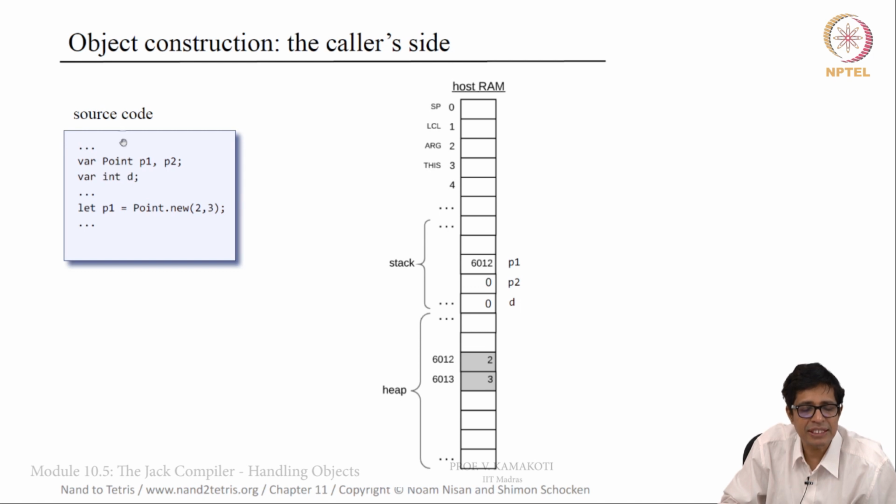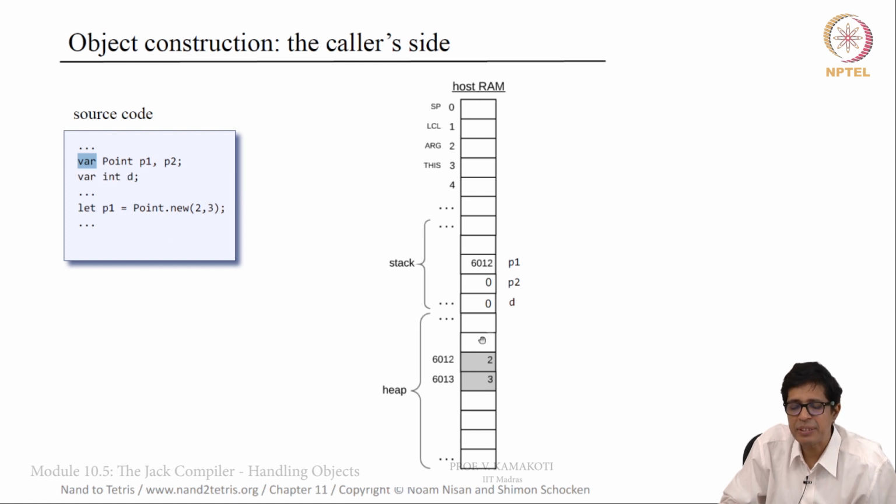When this function starts executing, these will be in the local variables because this is var. So P1, P2 and all are in var, D is also in the var. Since P2 is yet to be constructed, it is 0. This is also 0. Now we say P1 equal to point.new 2, 3.